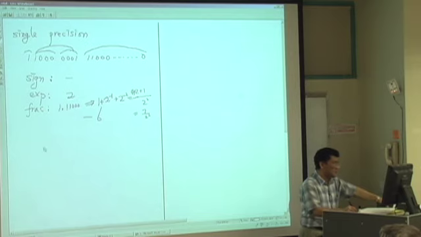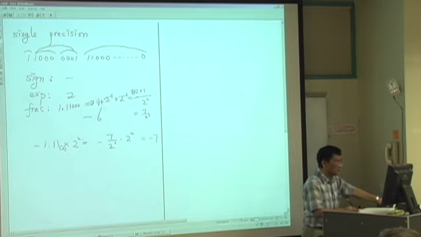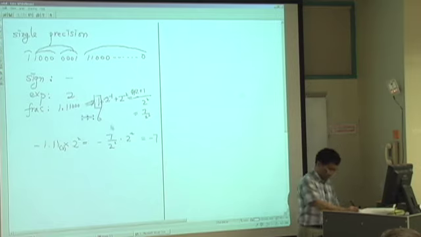And let's represent the number. -1.11 multiplied by 2 to the power of 2 becomes -7 over 2 to the power of 2 multiplied by 2 to the power of 2, -7. So 1 off, right? You forgot 1 off. Yeah, I dropped one. So this number represents -7.